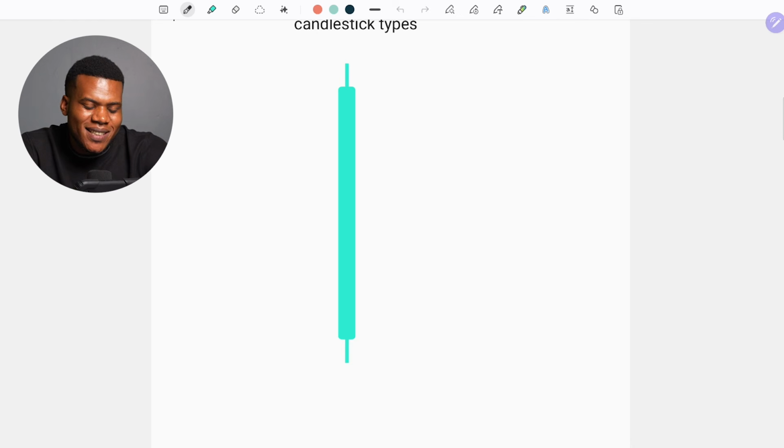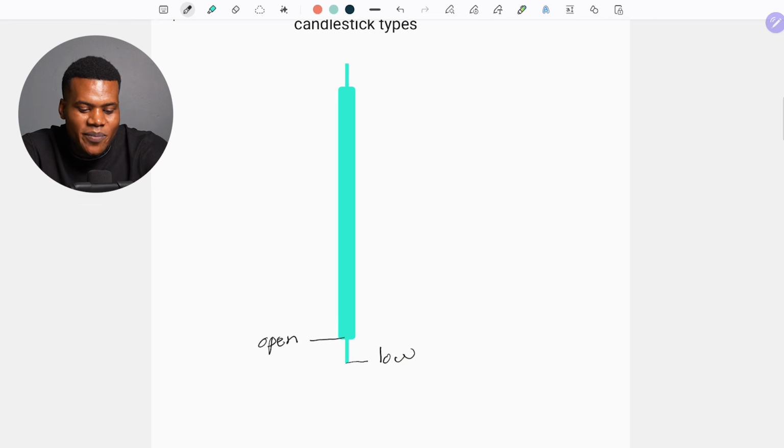As we have said, this is the historical data between buyers and sellers. So when the market opened here, on this candle, this is what we call the open. Then sellers pushed this candle down to here. So this is what we call the low of the candle.